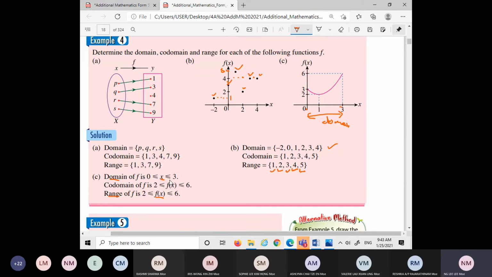Then range will be from here to here, from the lowest of the fx until the highest of the fx. So here will be the range, or the codomain the same. So from 2 to 6, including 2 and 6, fx.